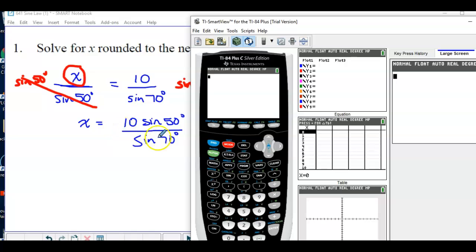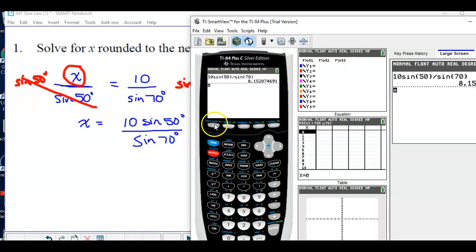Dividing the whole thing by sine 70 is like dividing at the end, so you can just go 10 sine 50. As long as you close the brackets on sine 50, you can then go divide sine 70. This does not simplify to sine of 50 over 70. This is a separate value. So you can do it like that.